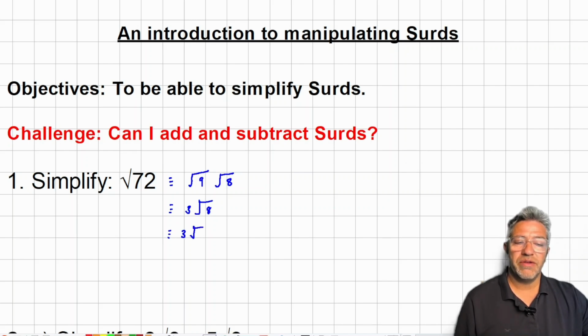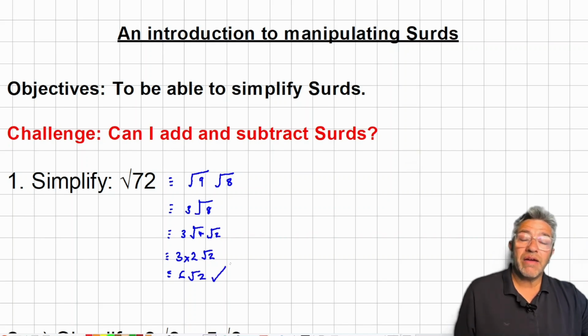We could rewrite root 8 as root 4 root 2. So that would actually give us 3 times 2 root 2, which gives us 6 root 2. We now have written root 72 in its simplest form.